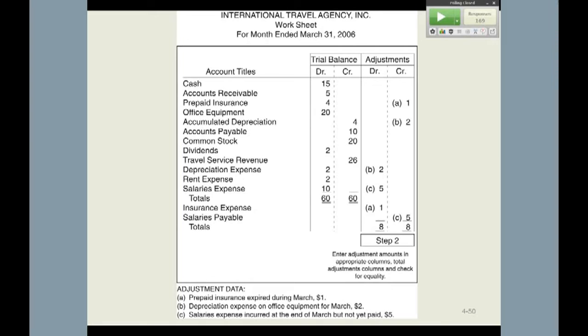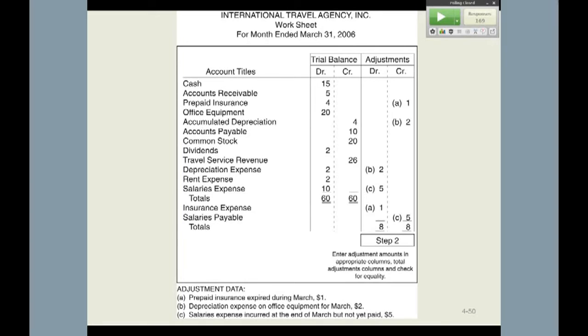The next thing we need to do is to prepare the columns for the financial statements. And we're going to wind up extending these, let me just bring this over, into their appropriate columns. Now this is where it's important that you know obviously what goes on a balance sheet and what goes on the income statement. And you might get fooled into thinking that everything before revenue is a balance sheet account and everything below that is an income statement, but notice in the adjustment process you opened up an expense and you also opened up a payable account.